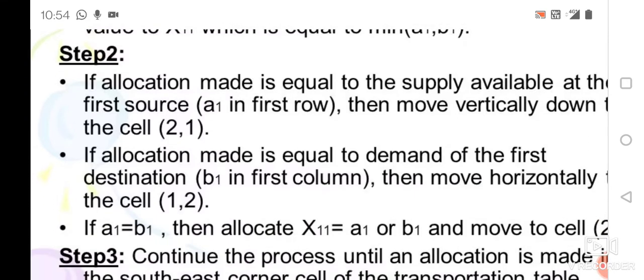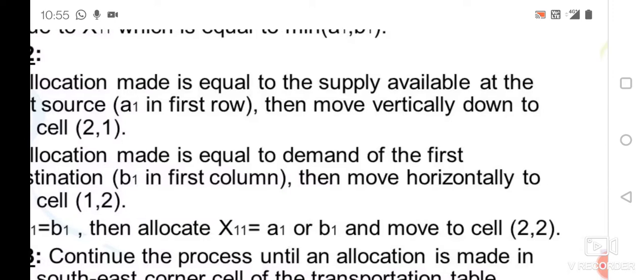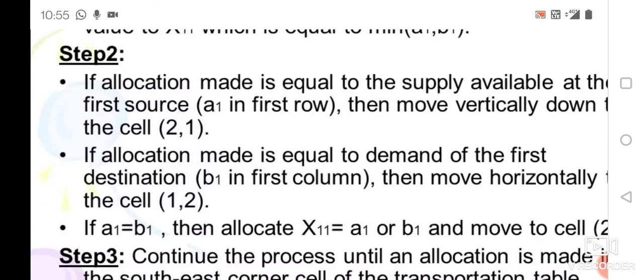And if the allocation made is equal to the demand of the first destination, that means b1, the first column, then move horizontally to cell 1 2.